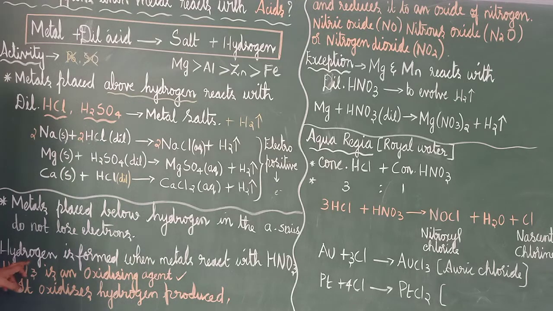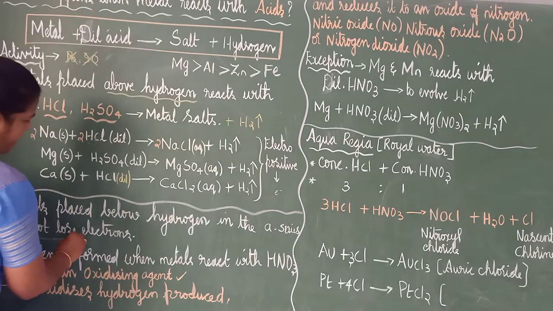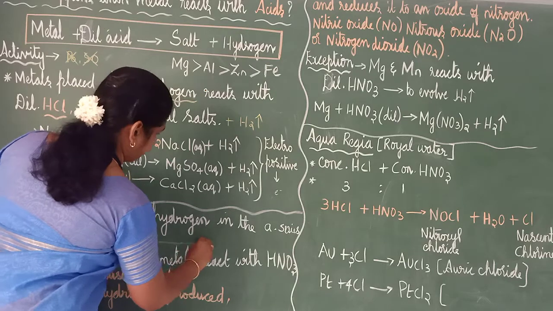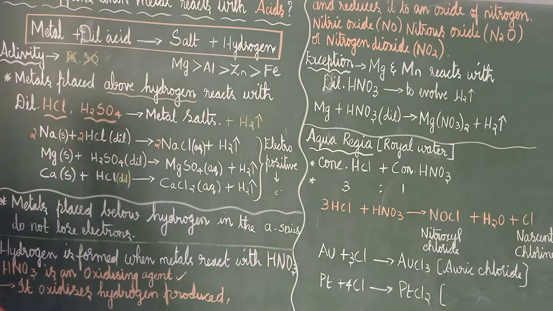So hydrogen is formed when metals react with acids. Now I told only two, HCl and H2SO4.